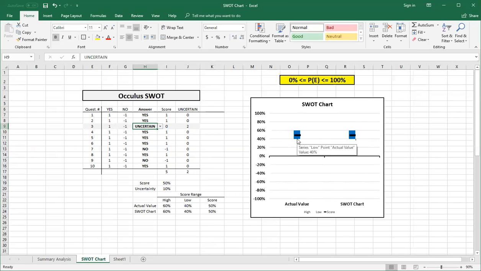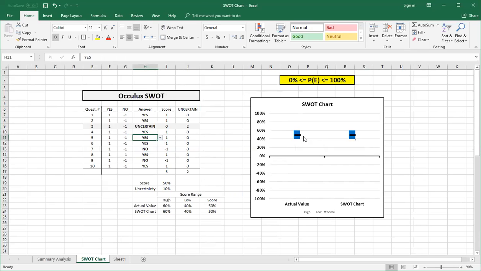The low value is 40%, which would be the score if you answered no. And the high value is 60%, which would be the score if the answer was yes. But I don't know, so all I can say is that my true score, which is this right here, is somewhere in the middle. In this case, it's 50%. But let's do another one of these. Let's change this answer to uncertain.